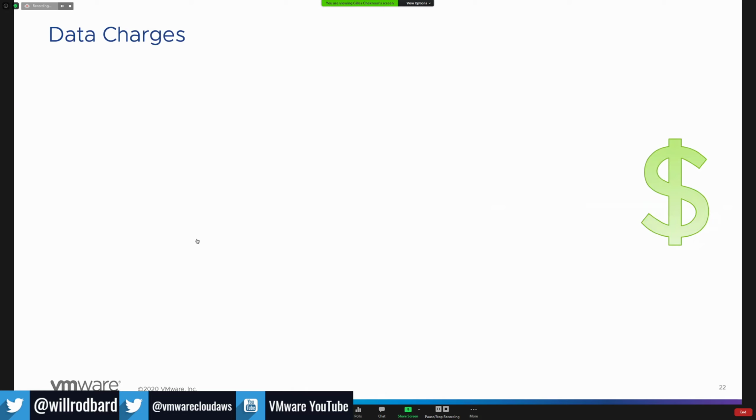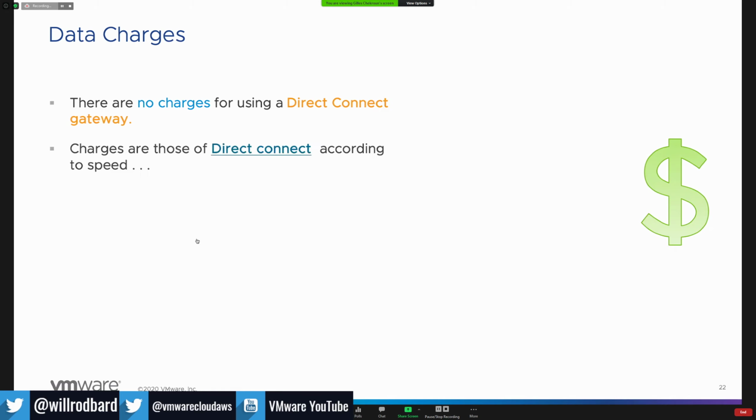Money, how much does that cost? There is no charge for direct connect gateway. That's good news. The charges are those of direct connect, according to the speed you are going to use and who is giving you the service. If you have a dedicated connection from AWS, it's 1 or 10 gig, and those are the prices.